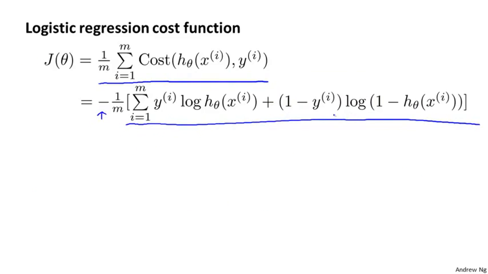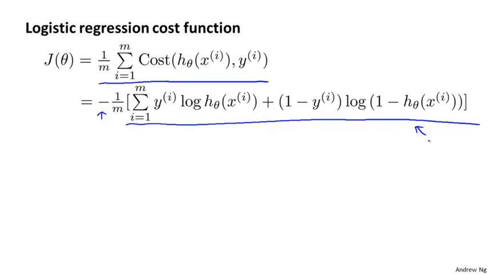And why did we choose this particular function? Well, it looks like there could be other cost functions we could have chosen. Although I won't have time to go into great detail in this course, this cost function can be derived from statistics using the principle of maximum likelihood estimation, which is an idea in statistics for how to efficiently find parameters theta for different models.